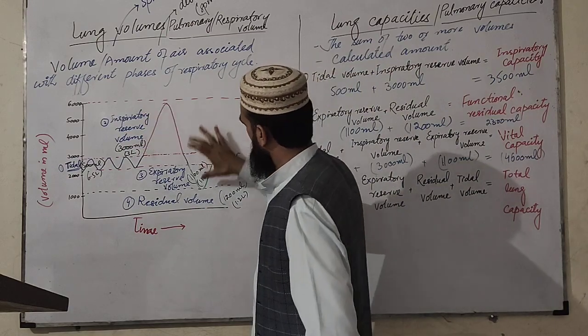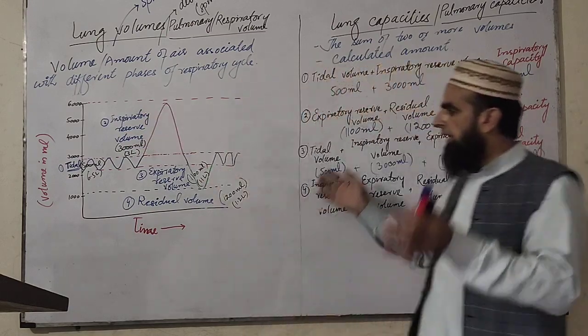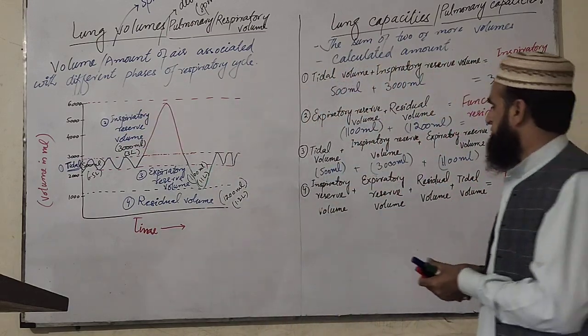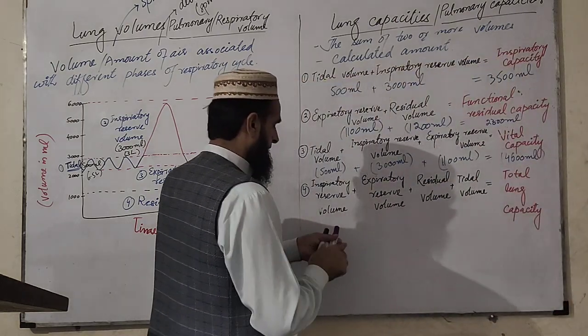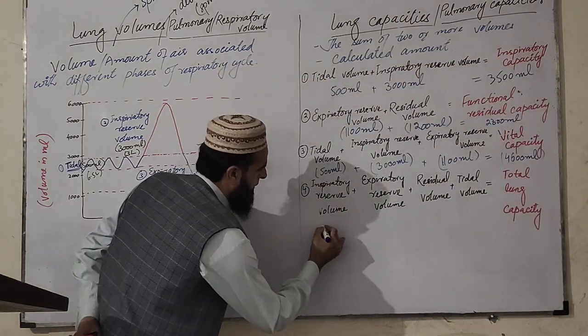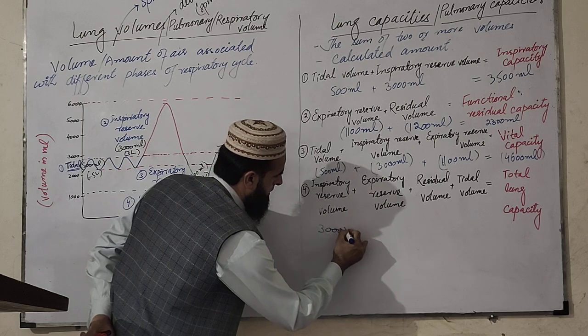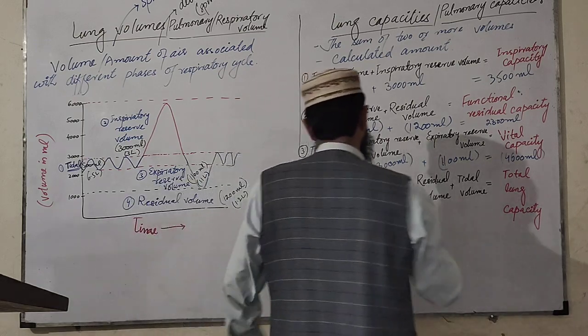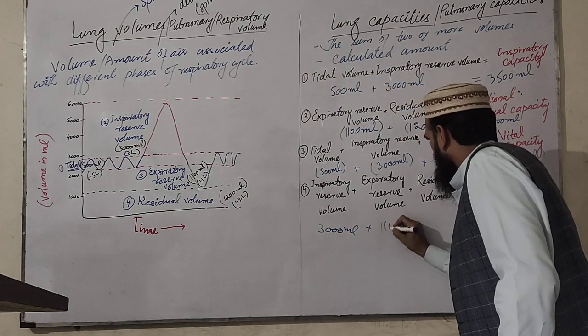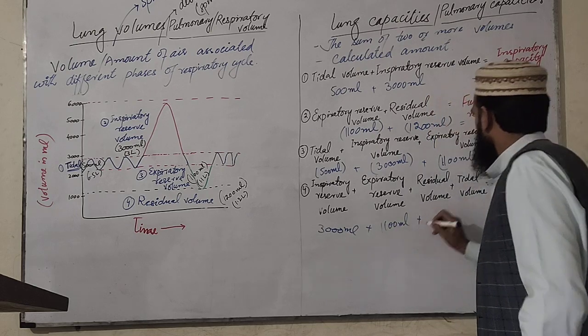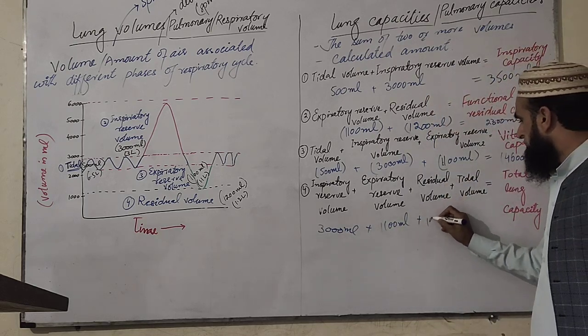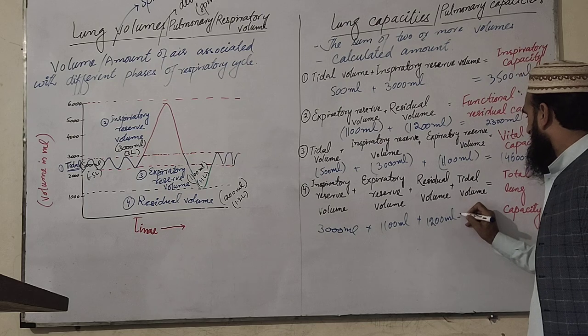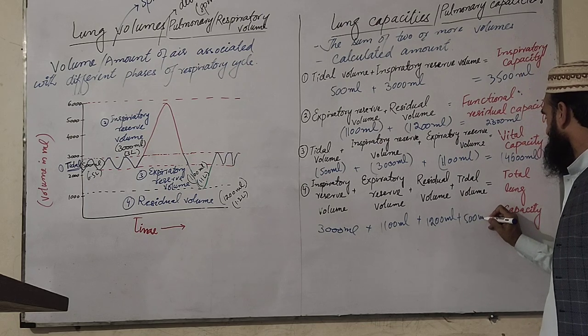All of them, when they are summed up, form the total lung capacity. The inspiratory reserve volume is 3000 ml, expiratory reserve volume is 1100 ml, residual volume is 1200 ml, and the tidal volume is 500 ml.